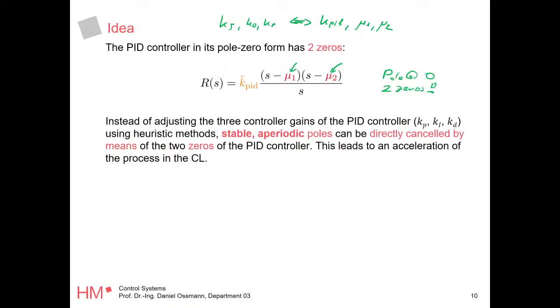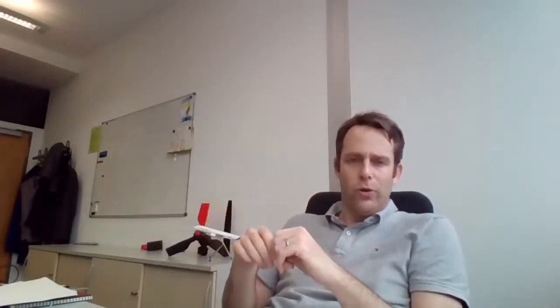So, instead of tuning these three gains, we're going to use these two zeros in our controller to cancel poles in our system, right? And think a moment what that means actually. We have a PTN system. Actually, this method also works pretty well for proportional systems which are just lagged.